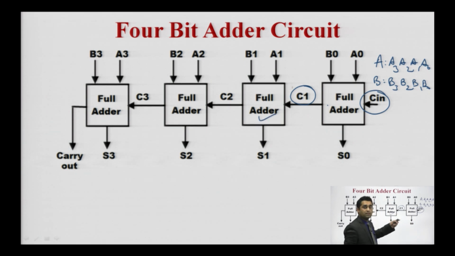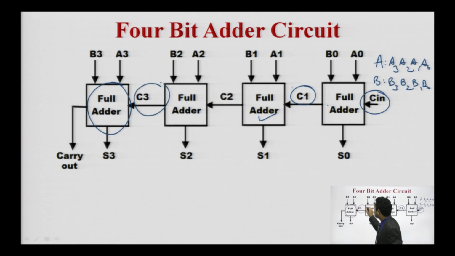The output of the second adder is treated as the input for the third adder, and the output of the third adder is treated as the input of the fourth one. Means if I am talking about the fourth adder, this fourth adder can't compute its operation without the output of this C3. So, in this case, what is happening, the operations are dependent.